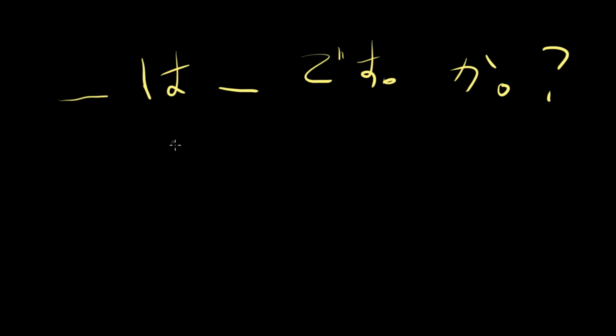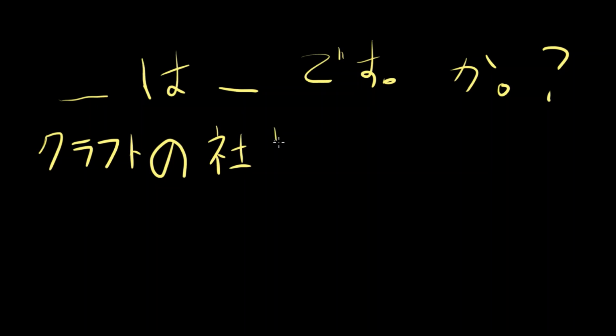No means belong to. So if I belong to, remember craft no shain desu. So I'm an employee of craft. So this can be like an apostrophe, or it can be like of or belong to or something.